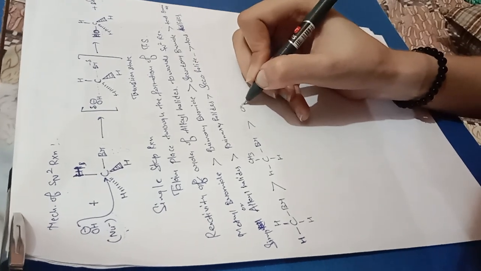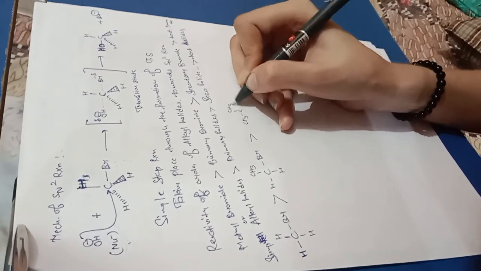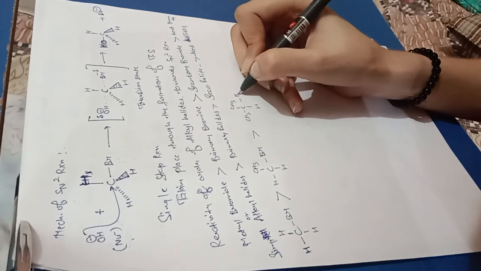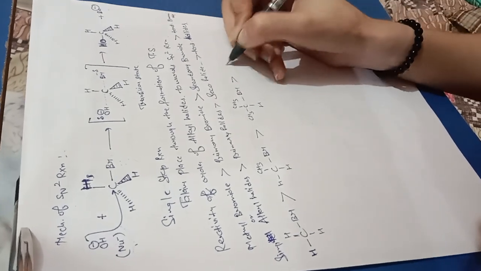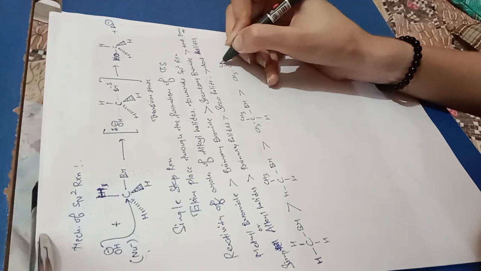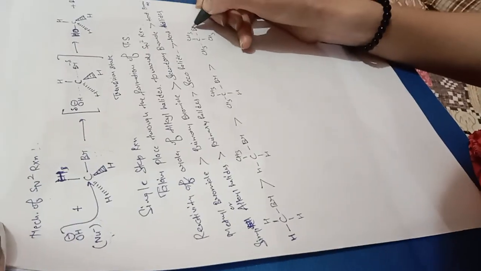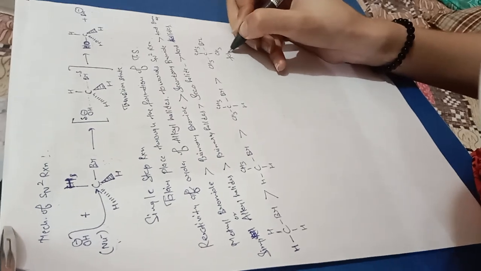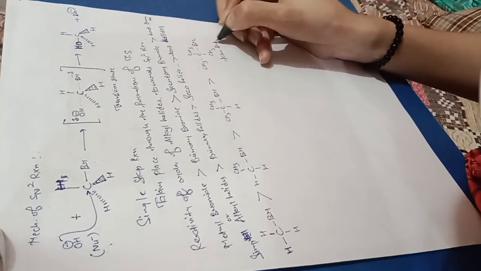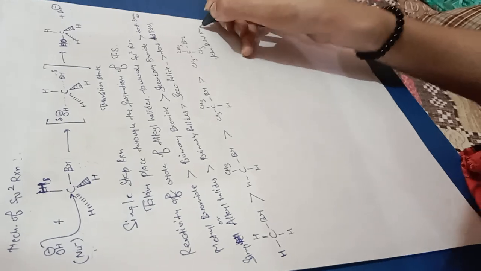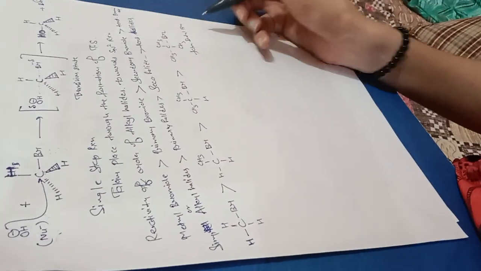In the case of secondary there are 2 methyl groups, and in the case of tertiary there are 3 methyl groups. That is your tertiary butyl bromide. Okay, why is it so?